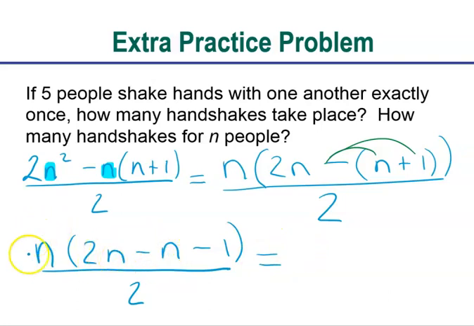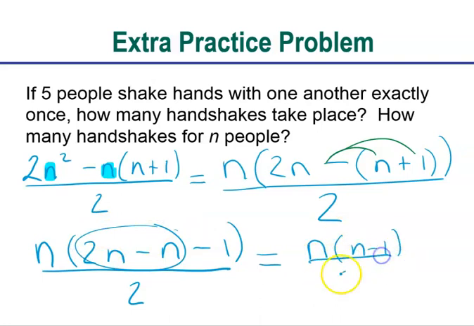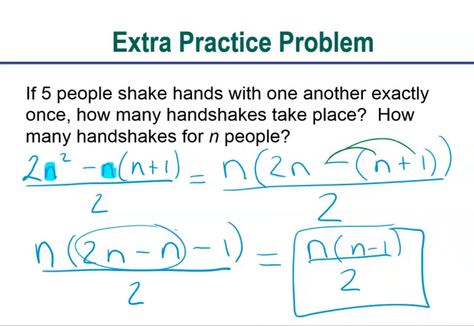So the n out front is still here. And then when I combine like terms, that gives me n minus 1 over 2. And that is the same thing as n minus 1 plus n minus 2 plus n minus 3 all the way down to 1. So that's an equivalent and a much easier formula to use.